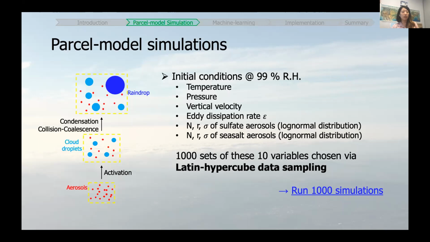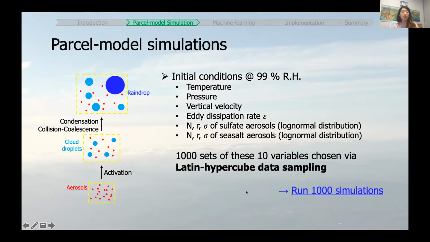Both of them follow a log normal size distribution. And so number, mean radius, and geometric standard deviation, those 3 characterize the log normal initial distribution of these aerosol particles. So these 10 variables were used to characterize the initial condition. And in order to obtain 1,000 sets of these 10 variables to run 1,000 simulations, I used the so-called Latin hypercube sampling.